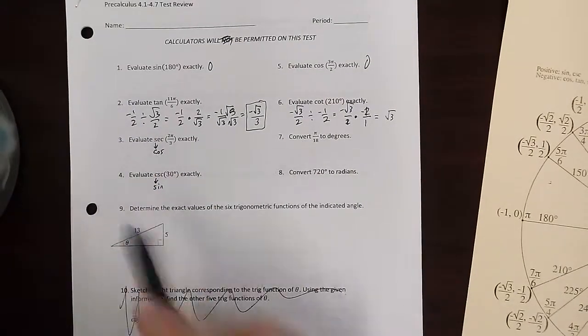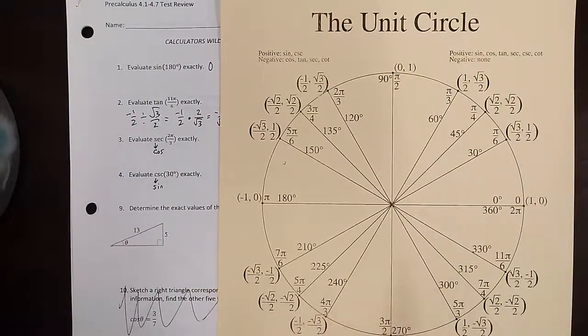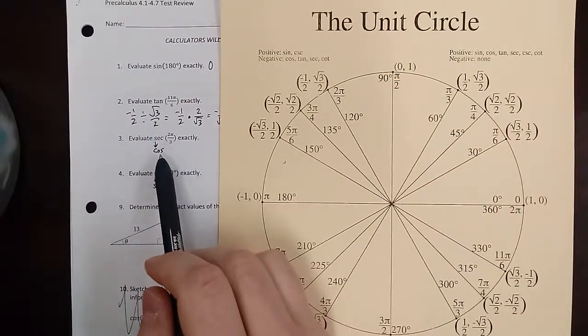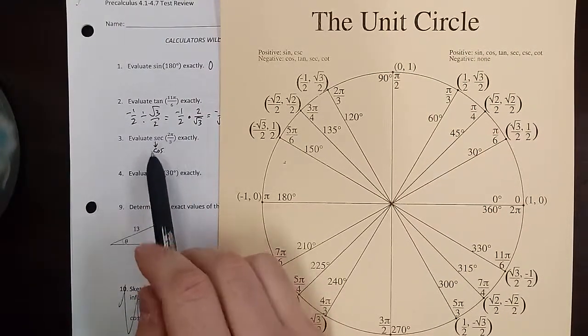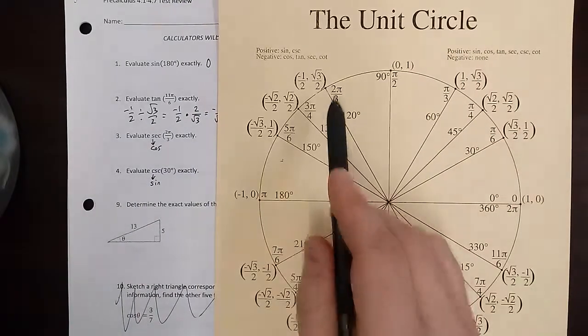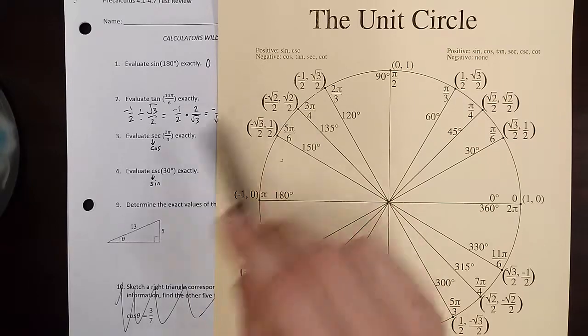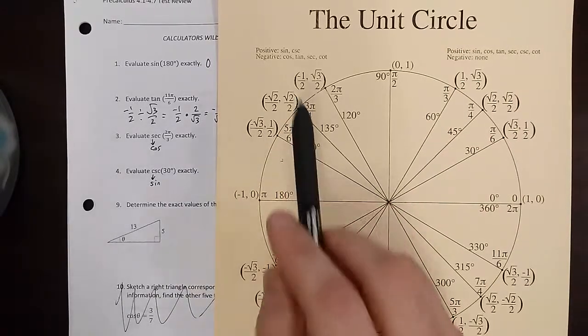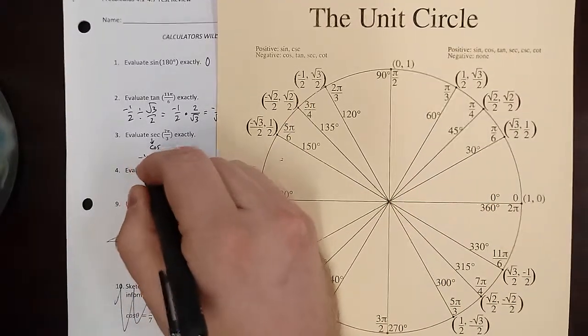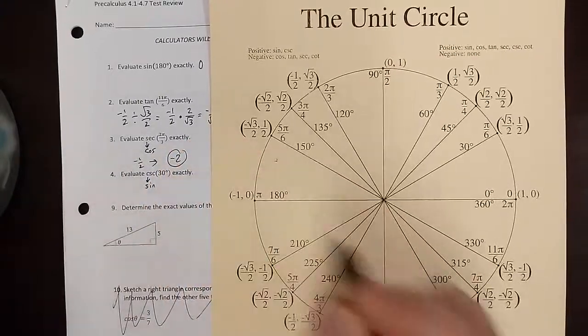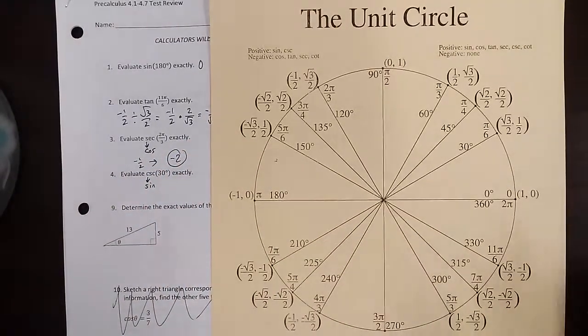Just remember that they never start with the same letter. So if I find the cosine of 2 pi over 3, that's right here. Cosine's the x coordinate. That's -1/2. The secant's just a flip of it. So that -1/2 turns into -2 over 1. You could write over 1.